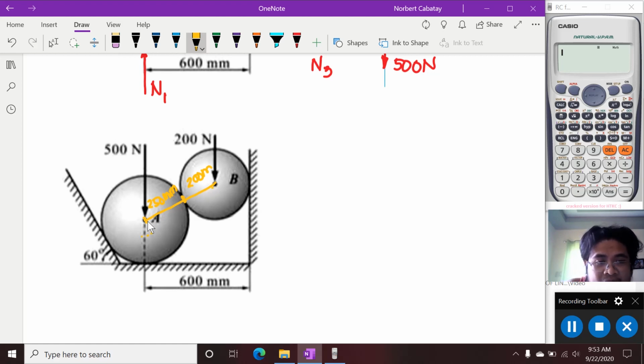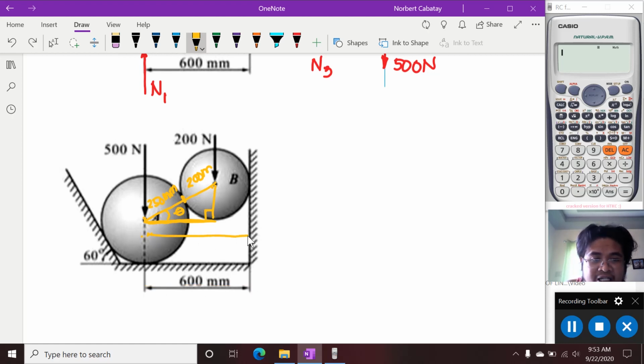Ngayon, if this is the axis, nandito yung triangle, you can create a right triangle here. And this is the angle na hinahanap natin. Ang problema, ano tong side na to? Itong buo na to, mula dito ay 600.